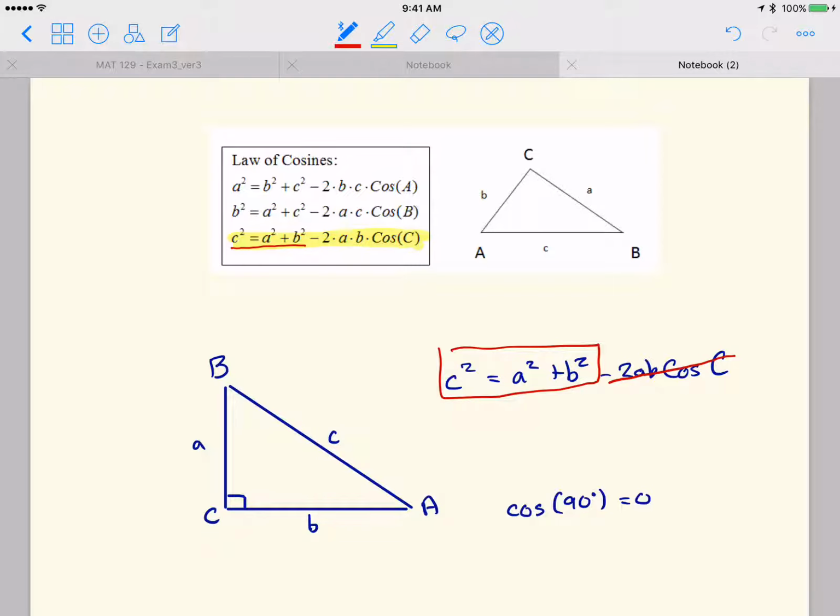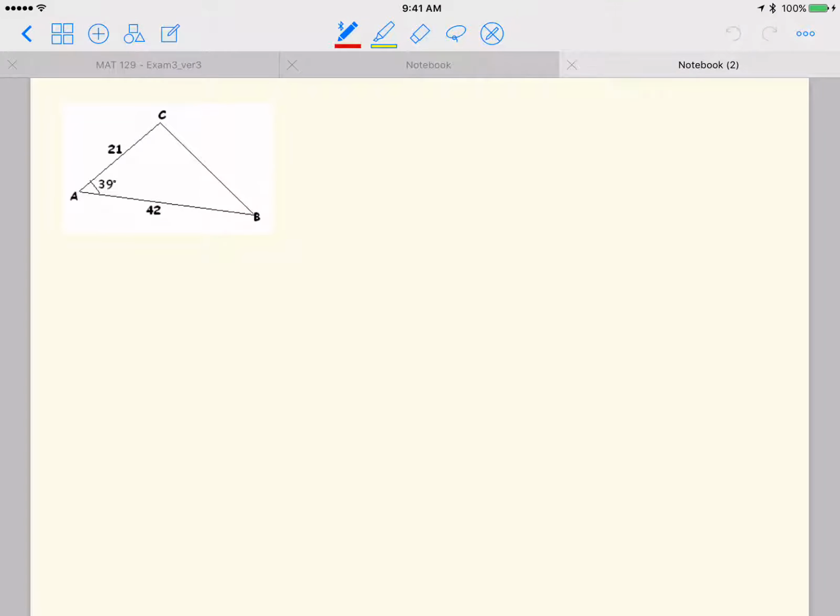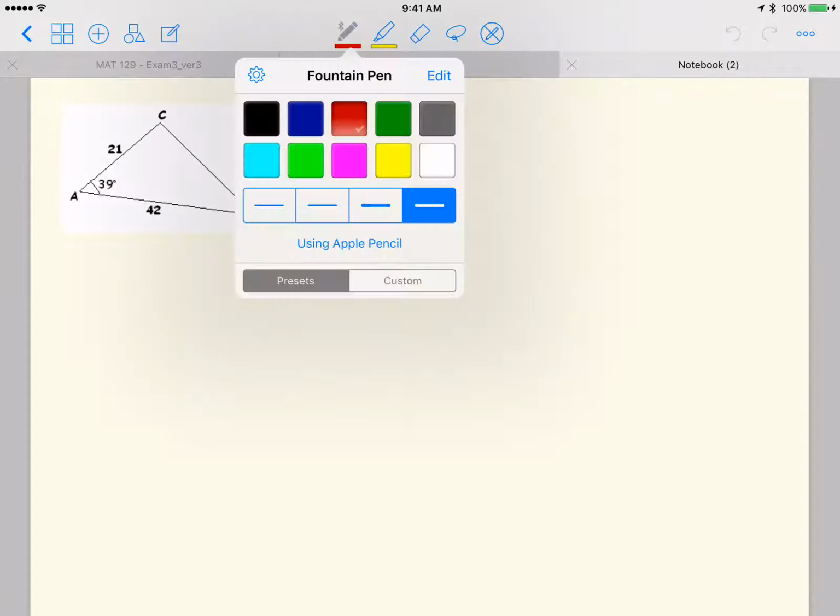Now this works for any triangle, but you have to have a certain setup. In this setup, it doesn't say what it wants us to solve for, but here's the point. It's not a right triangle, or at least we don't know for sure it's a right triangle. So we should not use right triangle trigonometry.